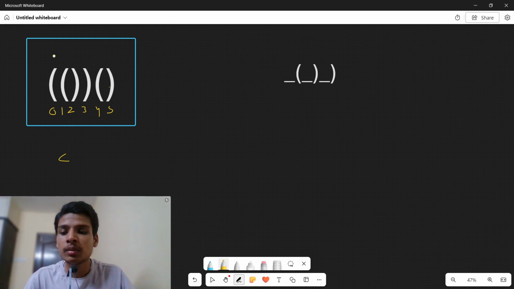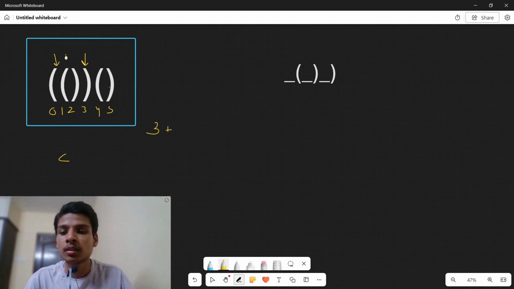Okay. Now tell me, for this opening parenthesis, where is the closing parenthesis? Nearest closing parenthesis. So the nearest closing parenthesis for this opening parenthesis is at index 3. So what is the difference between the indexes of these two, the opening and closing one? That is 3 minus 0, that is 3. Okay, write it here, 3 plus.